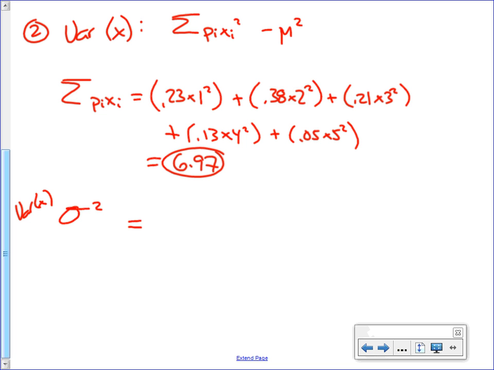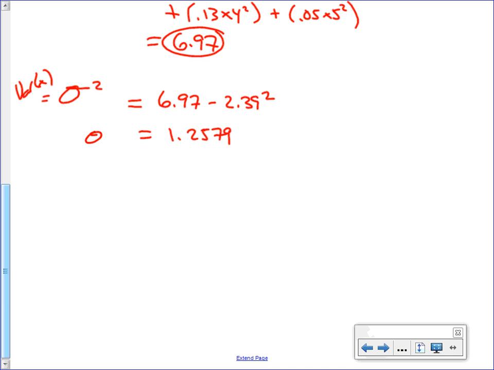So the variance is sigma squared, which is 6.97 minus 2.39 squared, which is 1.2579. Now that's sigma squared. To find the standard deviation, it's just sigma, so take the square root of both sides. And I got 1.1216 for the standard deviation.